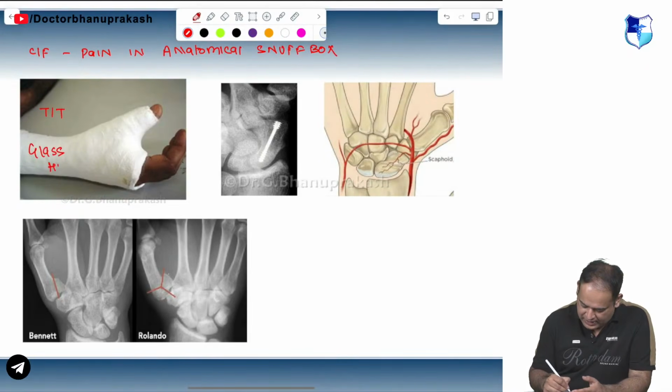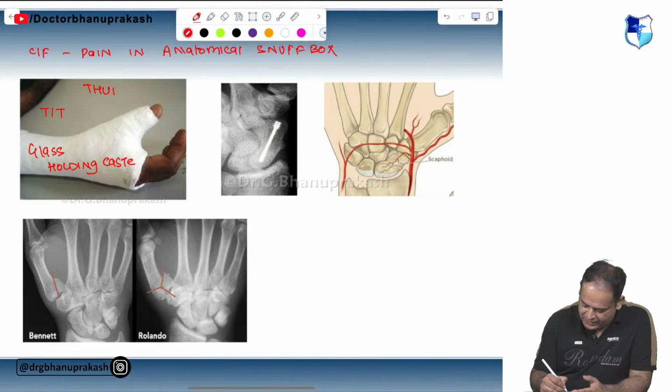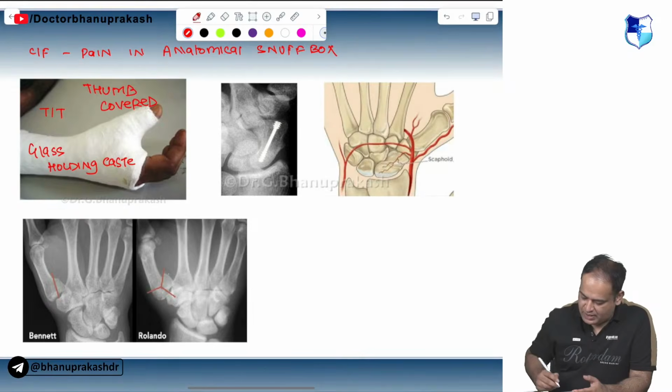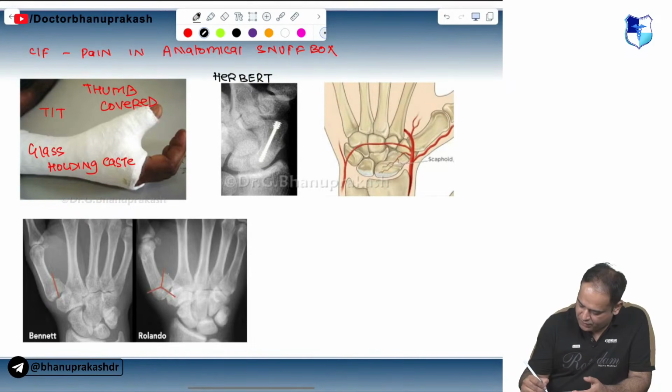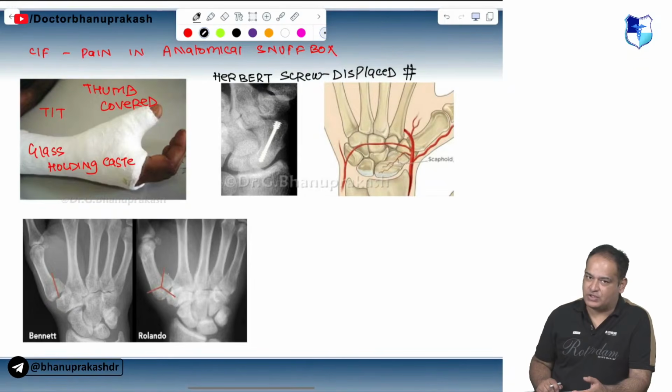Treatment is a glass holding cast. How will you identify this cast? The thumb will be covered, right? What is the treatment for displaced fracture? So Herbert screw is the treatment for displaced fracture.